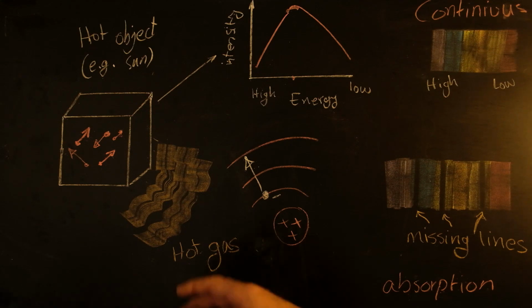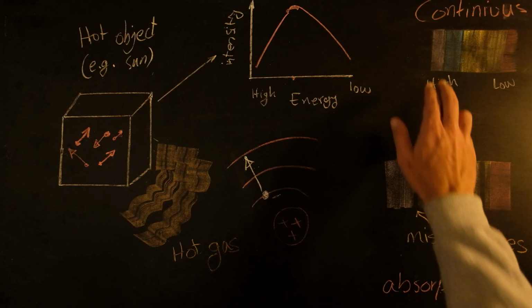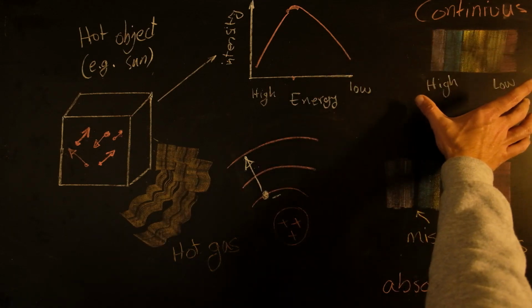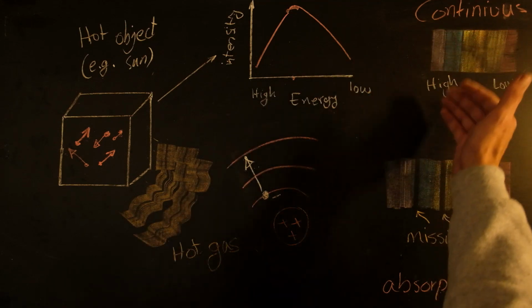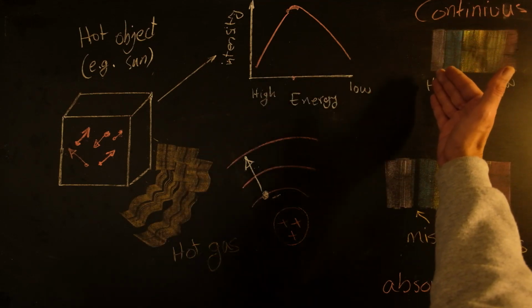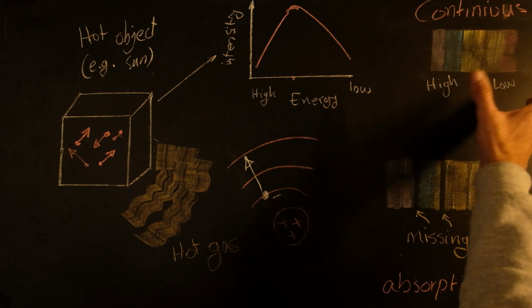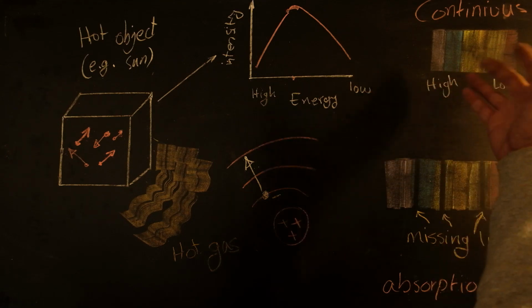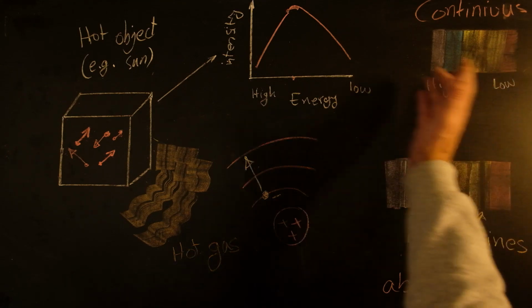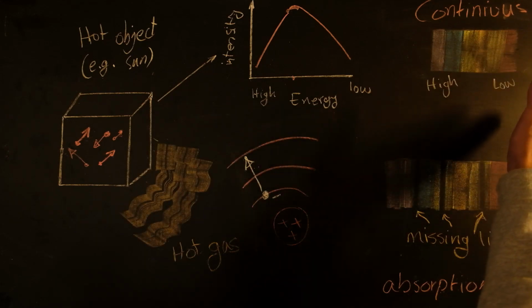So if we use a device to analyze this spectra, what we see at the end is something like a rainbow. We see all colors continuously. They start from violet, blue, and they end around red in this case. But be careful, this is just optical part of this spectrum. Basically, we have very high energy and very low energy, but our eye is not sensitive to that part.